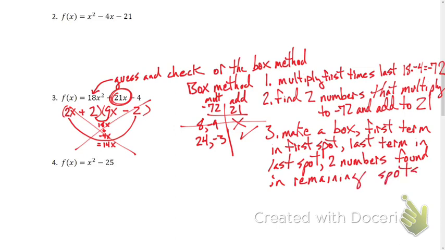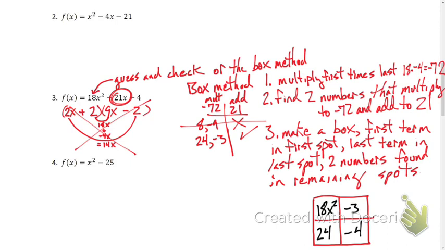So, let's make our box. I think I have room down here. First term in first spot, 18x squared. Last term in last spot. I found 24 and -3.